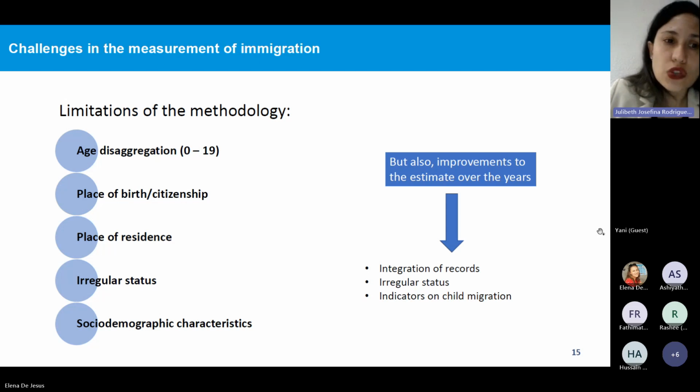Also, there are some dimensions of irregularity that we have not been able to address. For example, people who are not applicants of a resident permit with either SERMIG or MINREL. So maybe these people are still in the country and are in other databases.